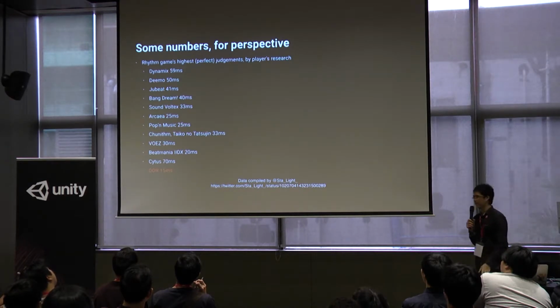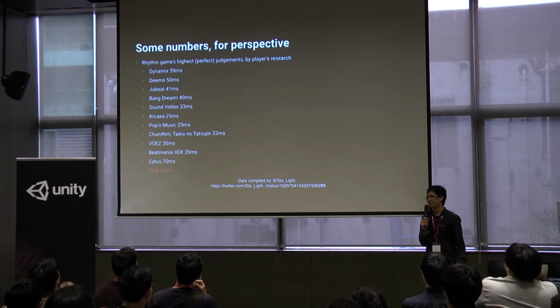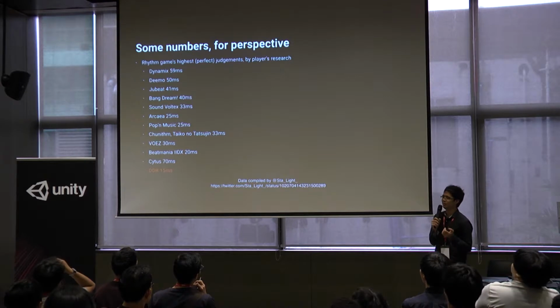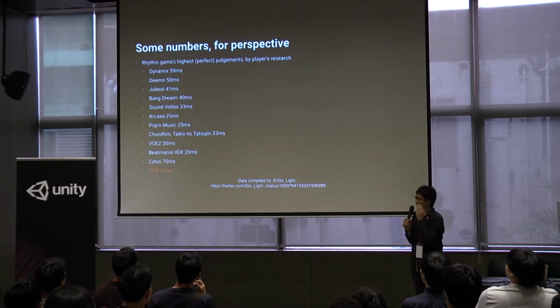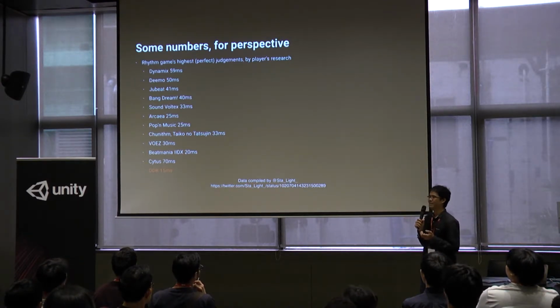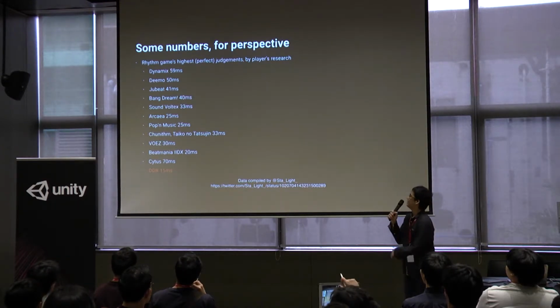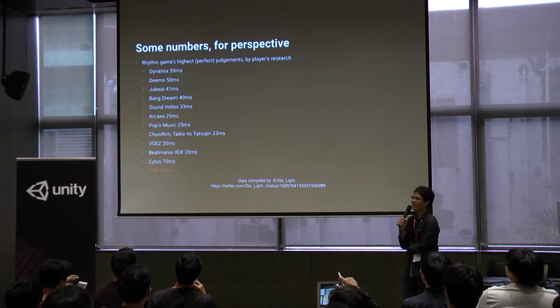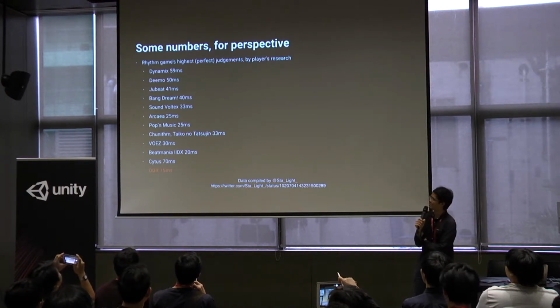Also, there are many rhythm games that will require you to hit the perfect judgment, but each game has different perfect timing you have to do. So some numbers here. Actually, many games use about 40 milliseconds. Why is that?